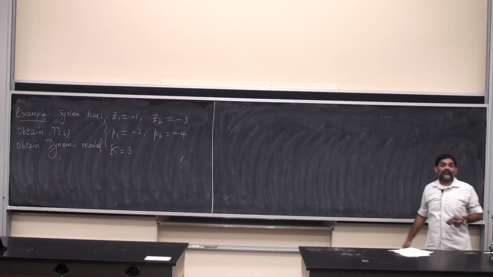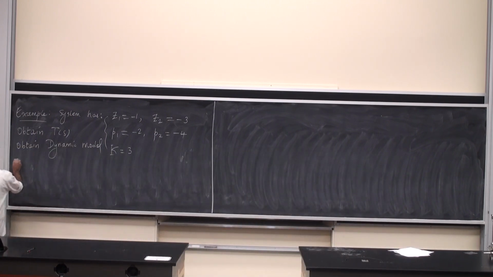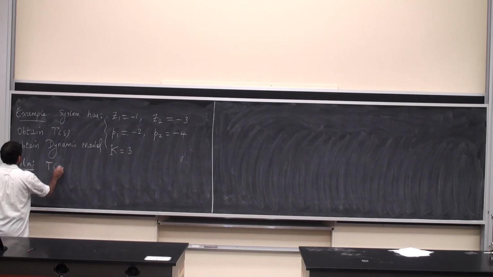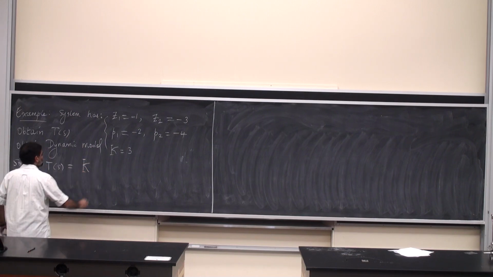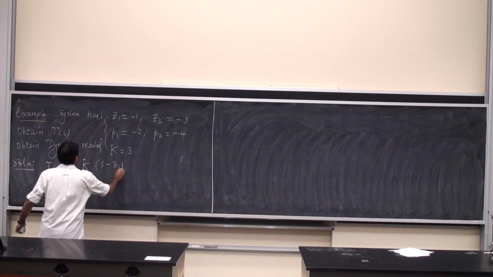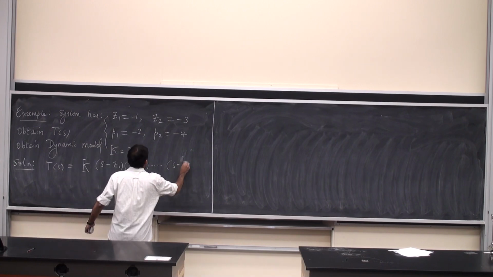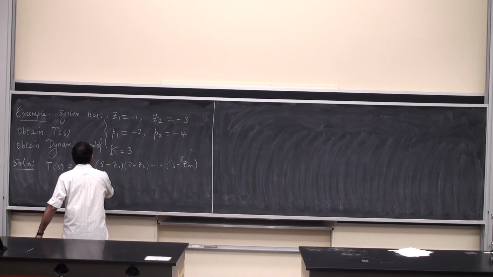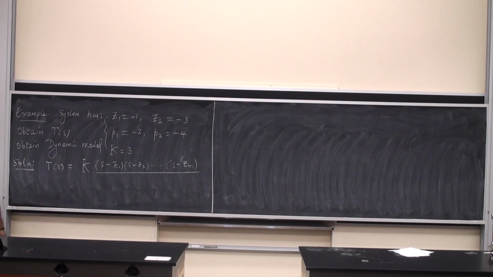You start off with the standard form of the transfer function: capital A, S minus Z1, Z2, and so on, M roots on the numerator, N roots on the denominator.